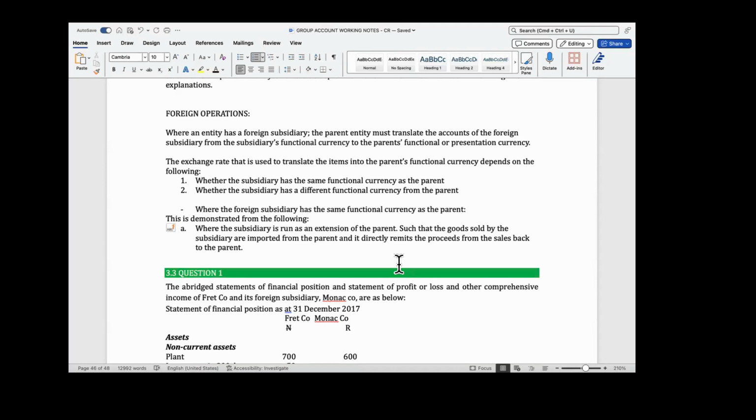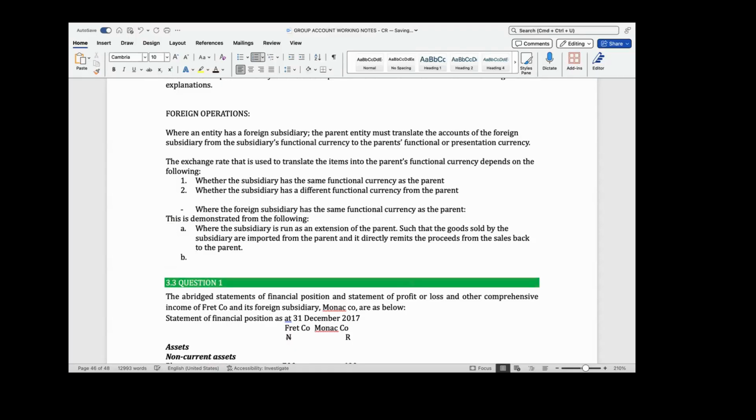And as soon as it makes sales, it remits the money back to the parent, in such a way that the transactions between the parent and the subsidiary are in high proportion.